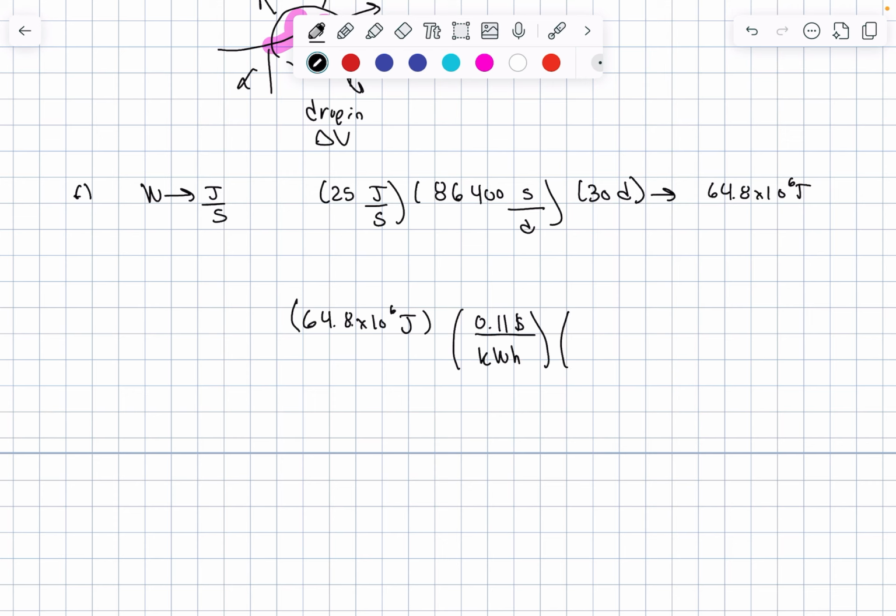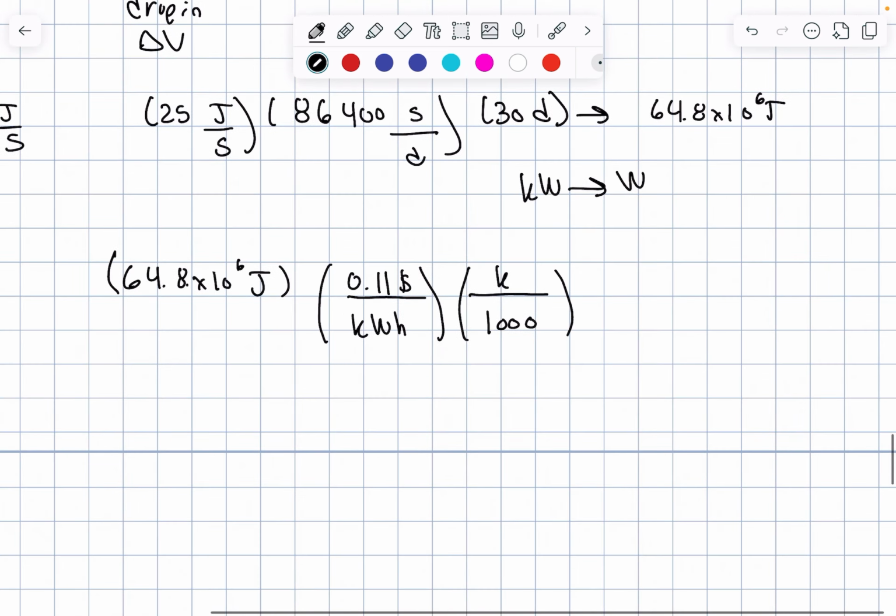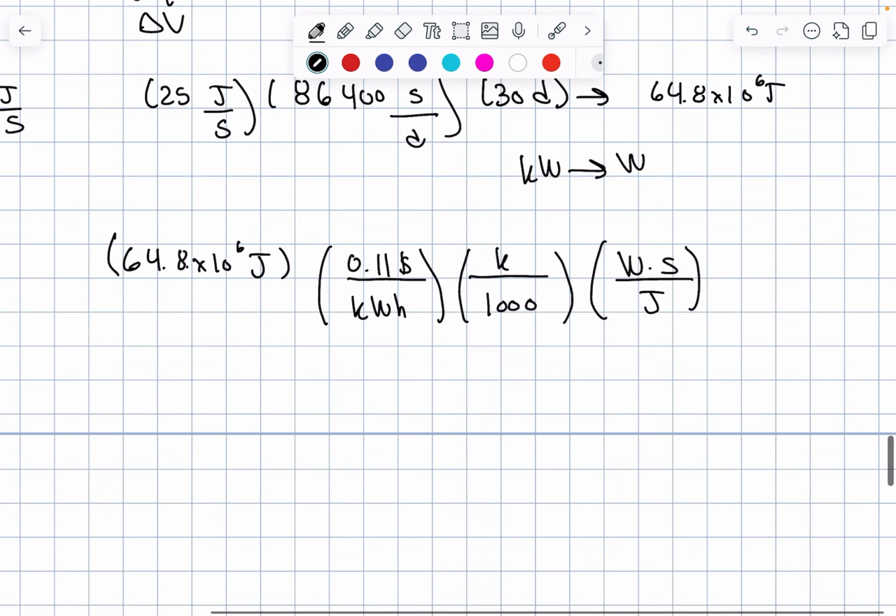So we know that there are 1,000 watts per kilowatt. So to go from kilowatt to watt, we just have to multiply it by 1,000. And then we know that 1 joule has the units watt second. So we're just translating from one unit to the other. And then we also know that we have watts times hours, and we know that this is 3,600 seconds.